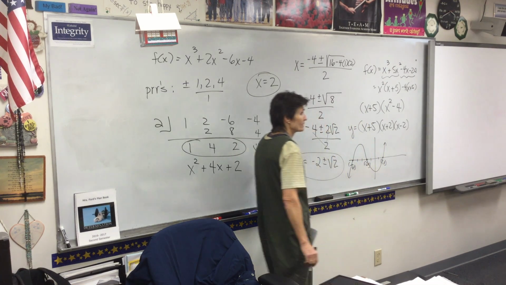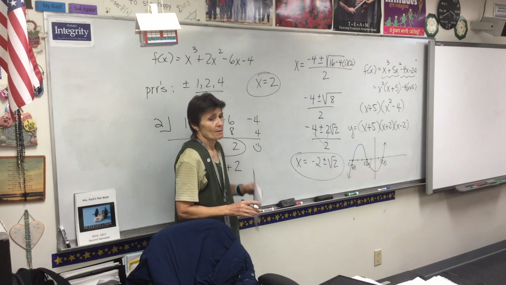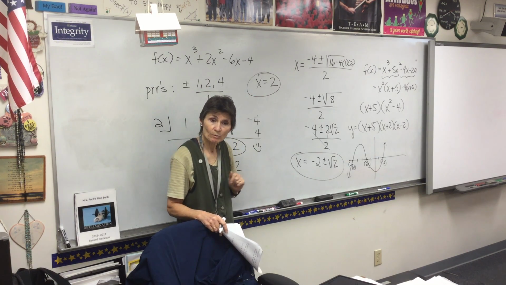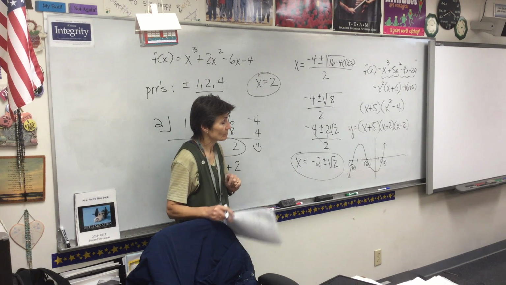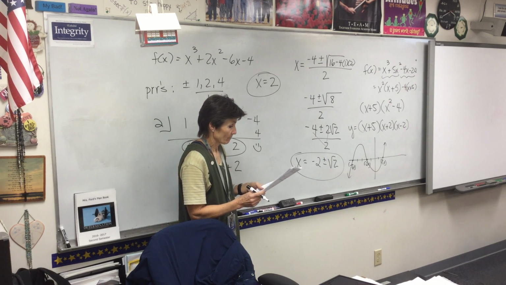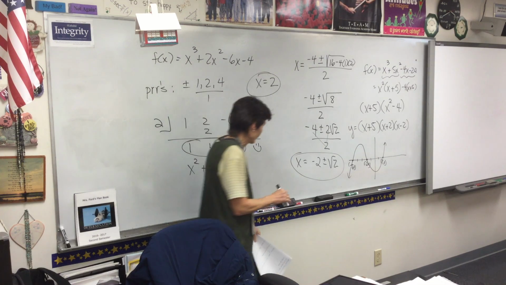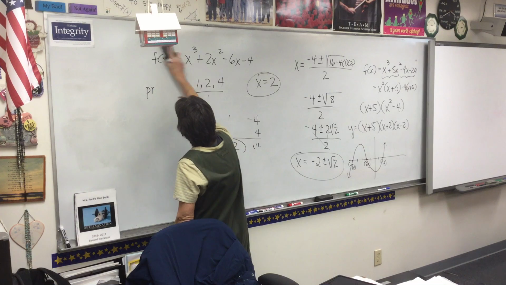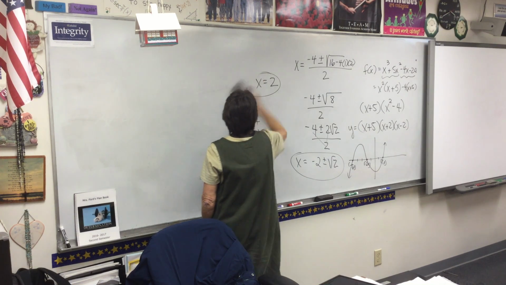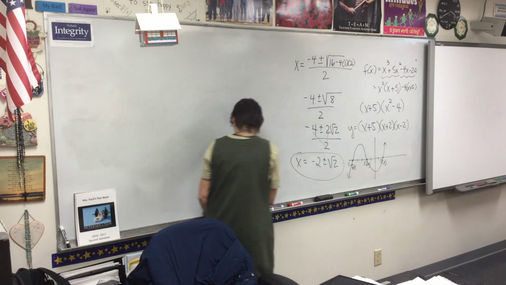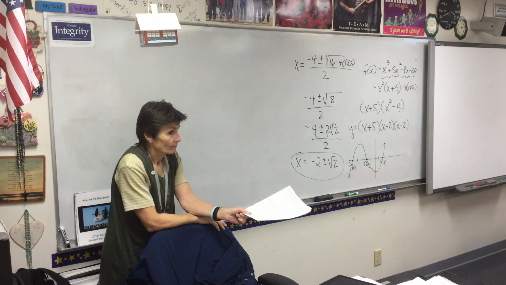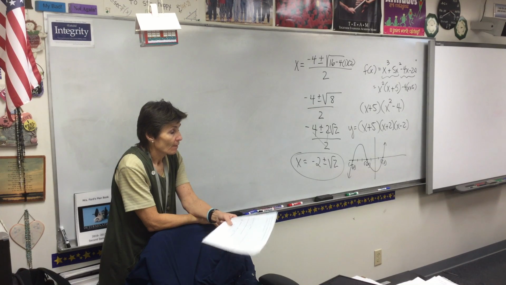Because it's an x cubed. Nothing bounces, so it just weaves its way through those zeros. Any question about that? Everybody okay?